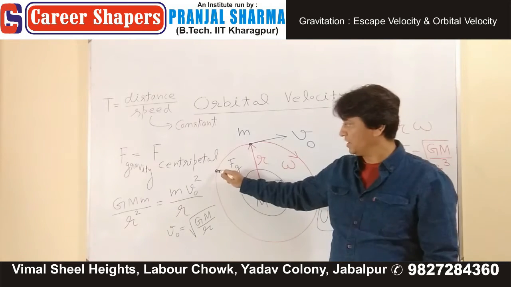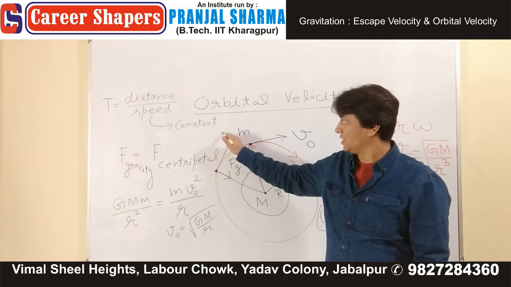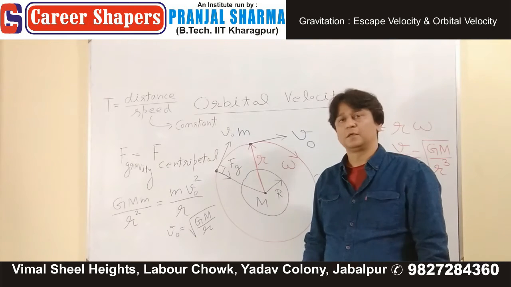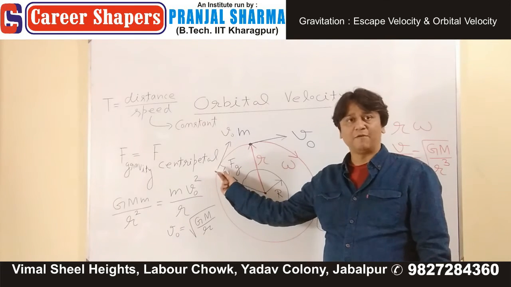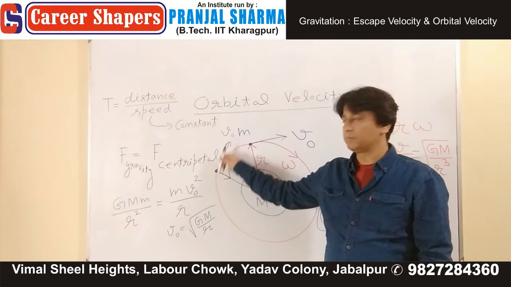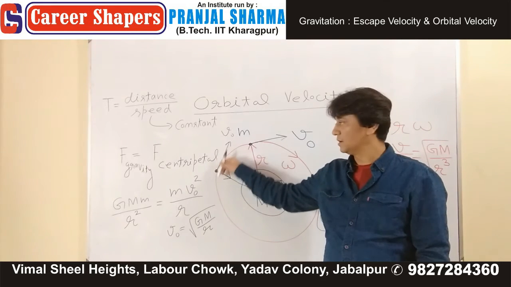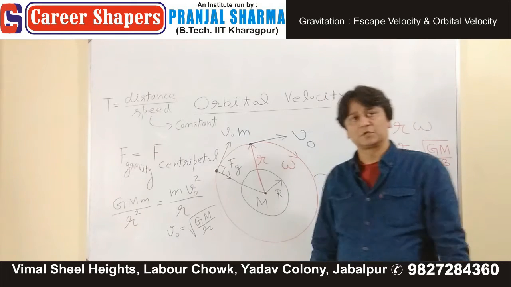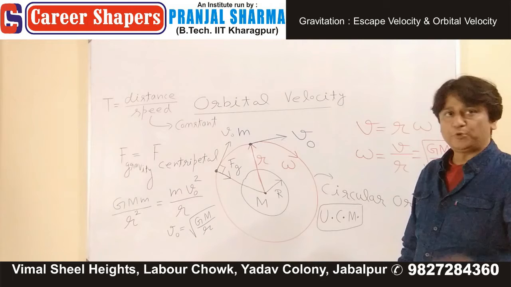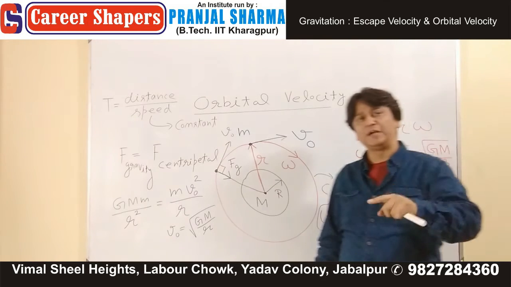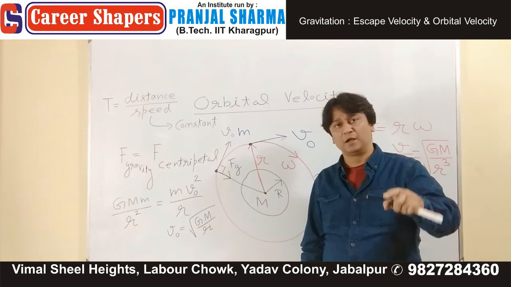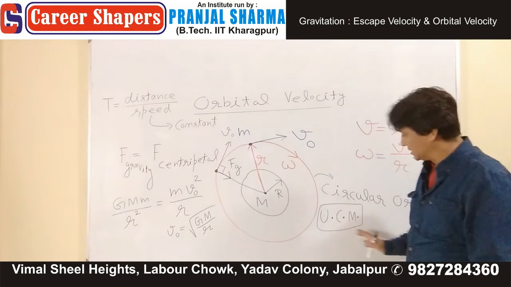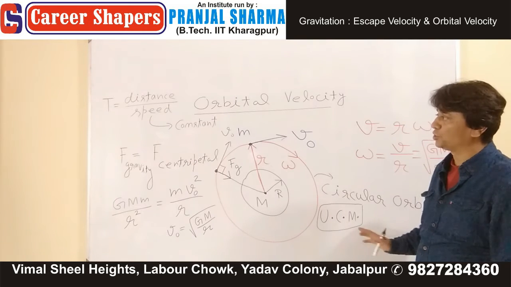Because force of gravity and V, angle between these two is what? 90. This gravitational force, which is acting perpendicular to the V vector, cannot increase magnitude of the speed. I hope you remember from circular motion there were two components, one tangential and the other centripetal. Since there are no tangential forces present, speed will remain same, which is called what? Uniform circular motion.